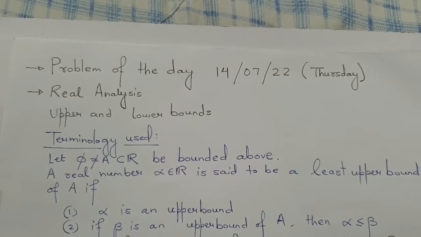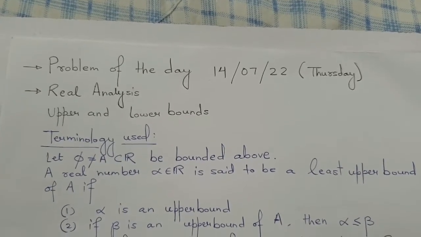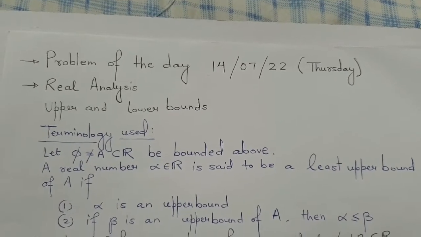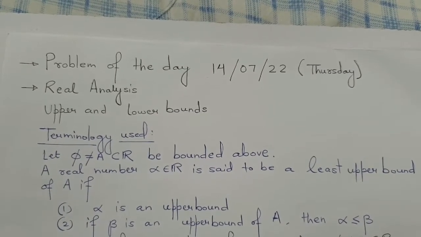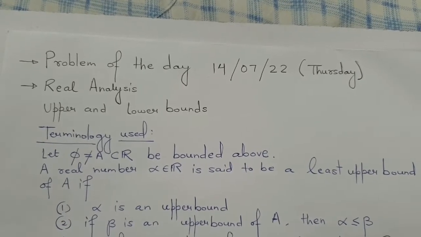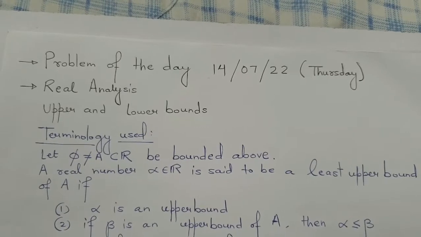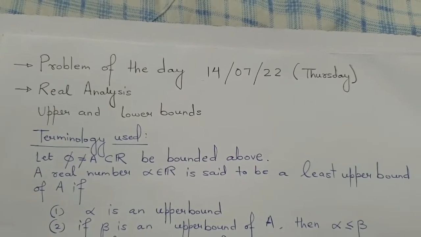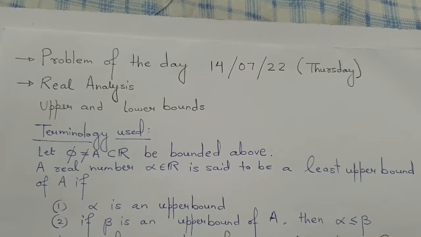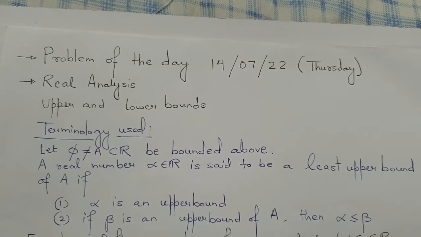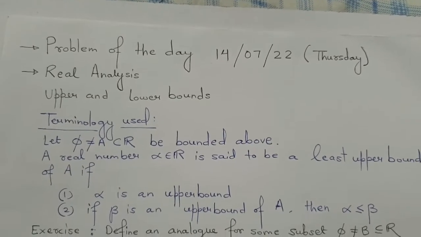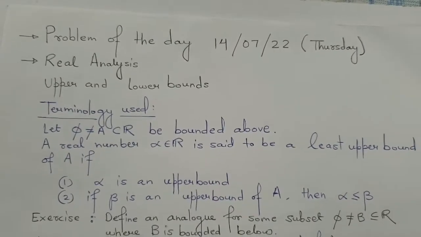The first condition is that alpha must be an upper bound, which means that alpha is greater than or equal to x for every x in A. The second property is, if beta is an upper bound of A, then beta is greater than or equal to alpha. If such an alpha exists, then we say that alpha is the least of all the upper bounds for the non-empty subset A. Fine, so alpha is the least upper bound of A.